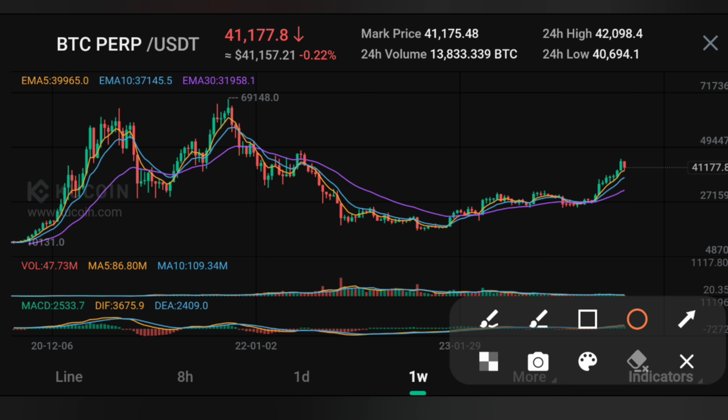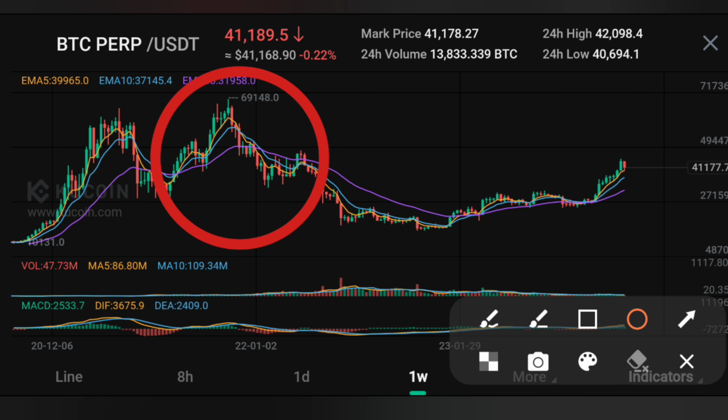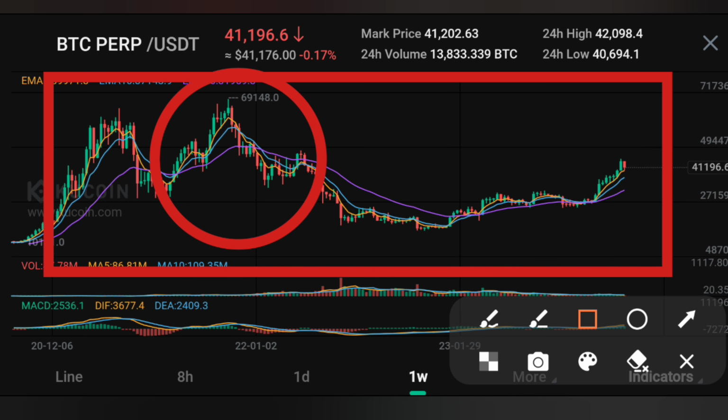All right, so I want you guys to look here. We're going to zoom in around this area. Imagine that. Look at this part and compare it to the whole thing. Do you guys see any similarities?